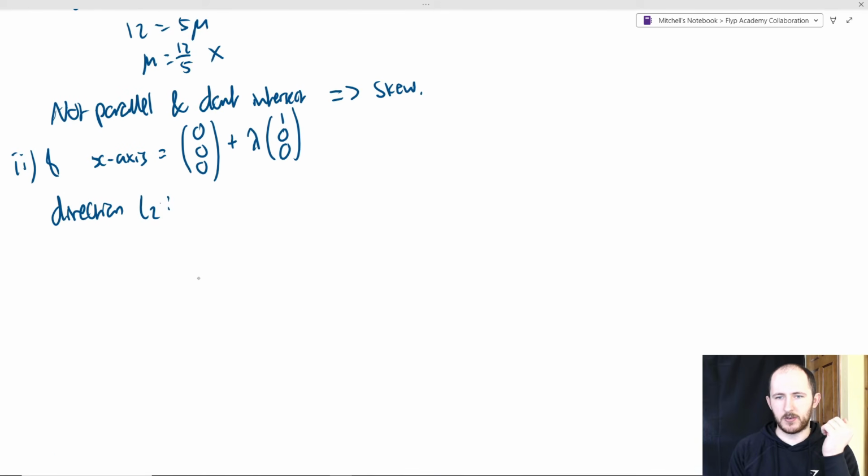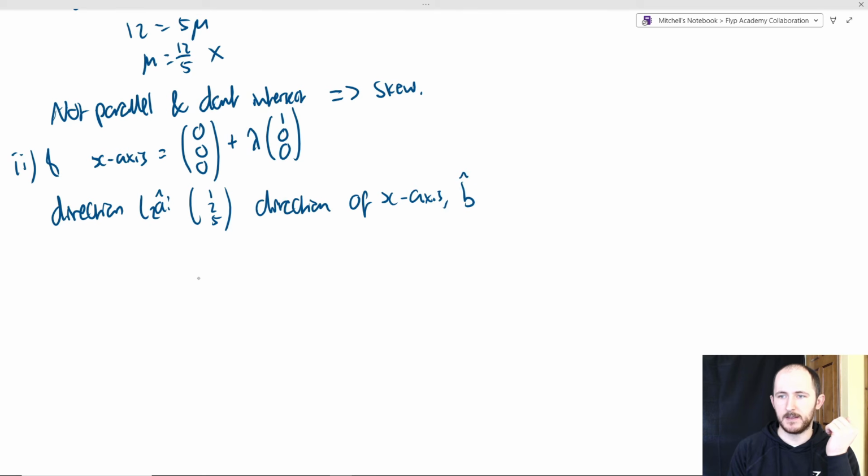And I'm actually going to call this A with a hat, just to make my life slightly easier. And direction of the x-axis, which I'm going to call B with a little hat, is equal to just 1, 0, 0. So we're finding the angle between both of these direction components.